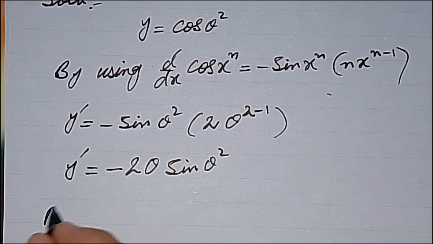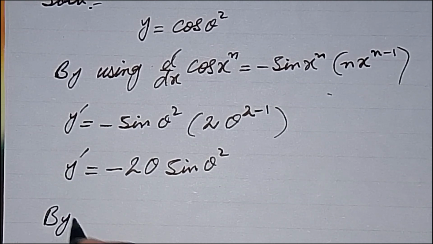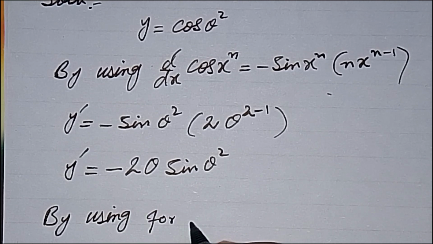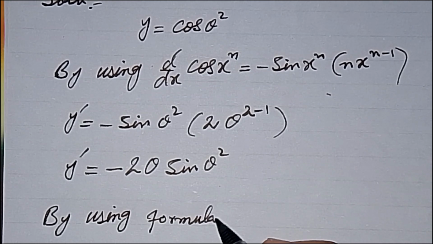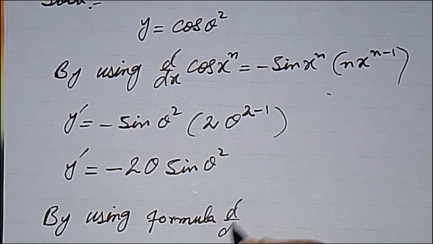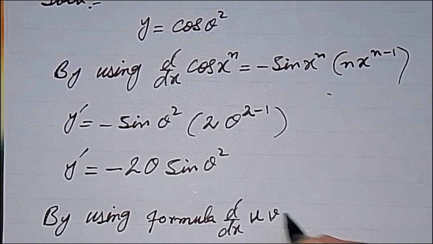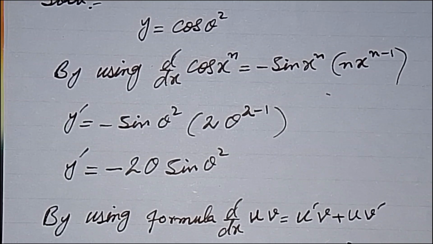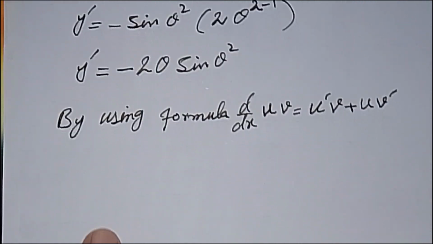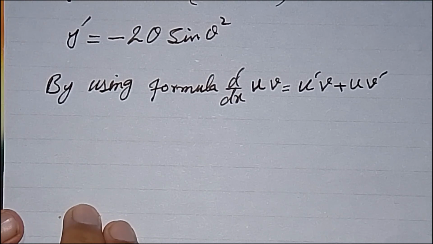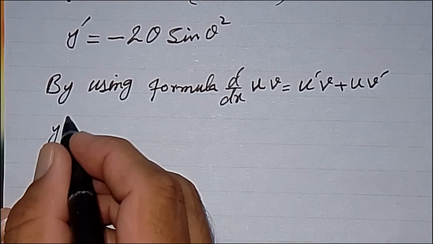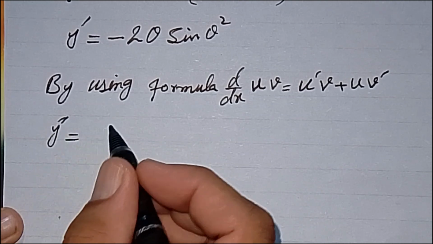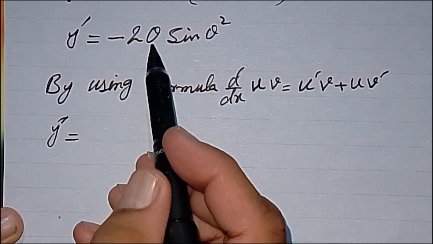By using the formula d over dx of u into v is equal to u dash v plus u v dash. Now y double dash is equal to, here are two functions.